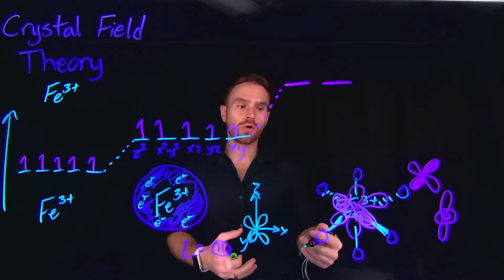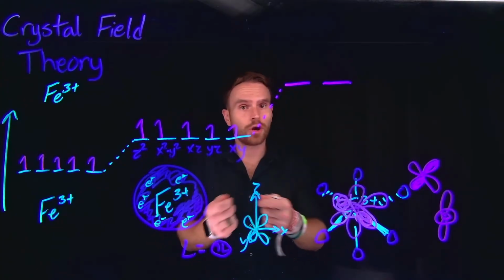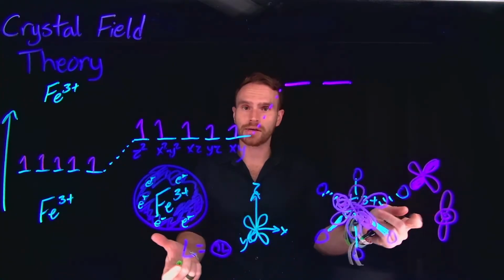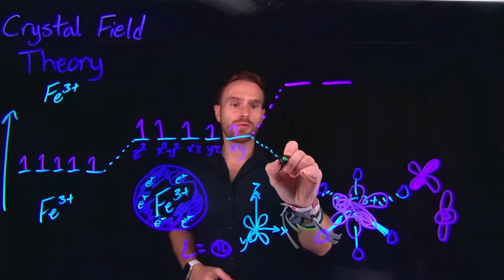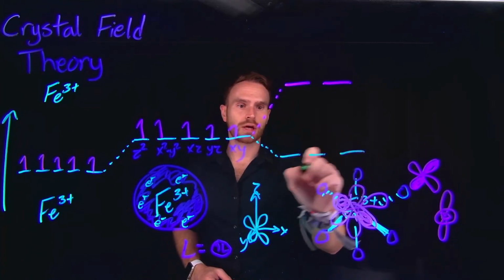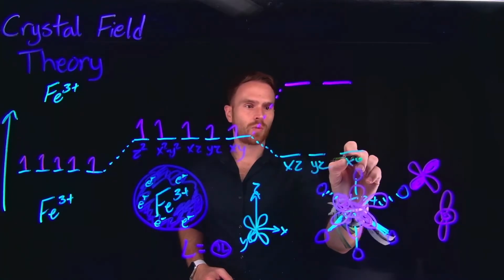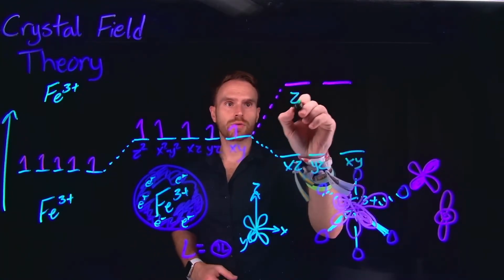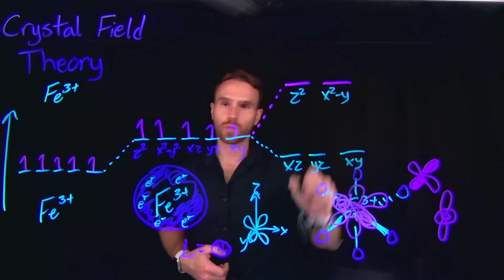So as a result, they're not going to be excited because there's going to be no repulsion because they're out of phase with the lobes of those d orbitals. So because of that, those remaining 3 orbitals that correspond to the xz, the yz, and the xy are lower in energy.